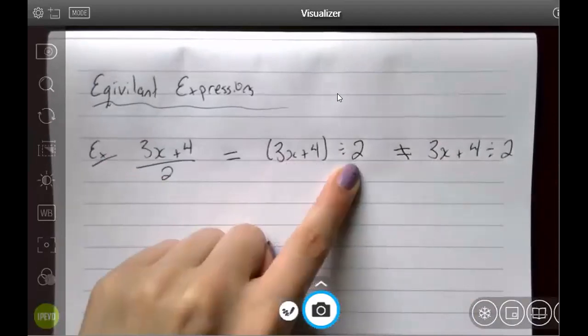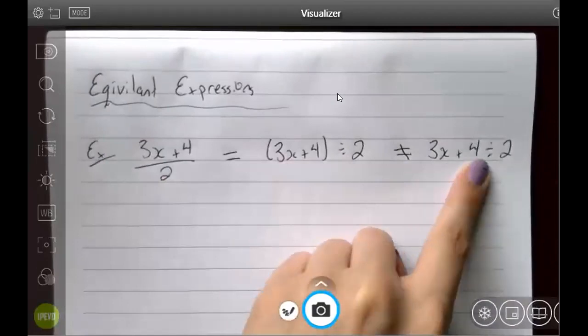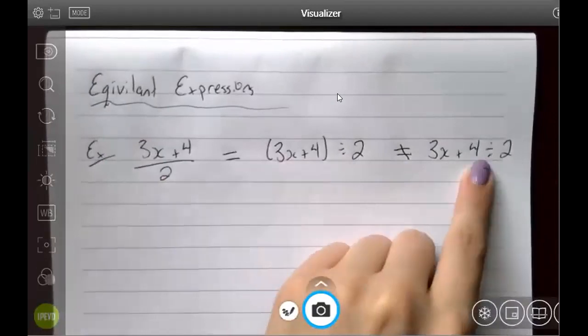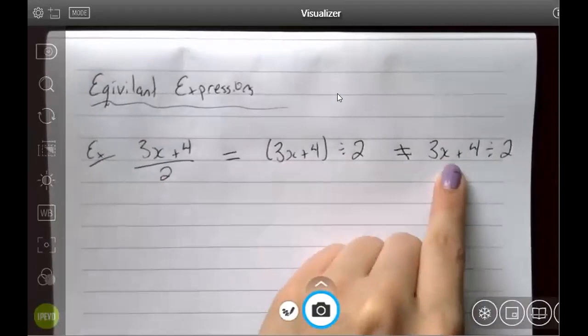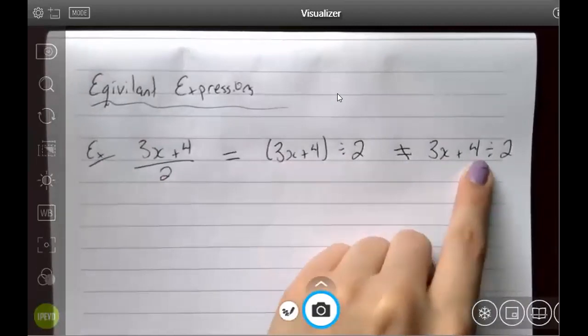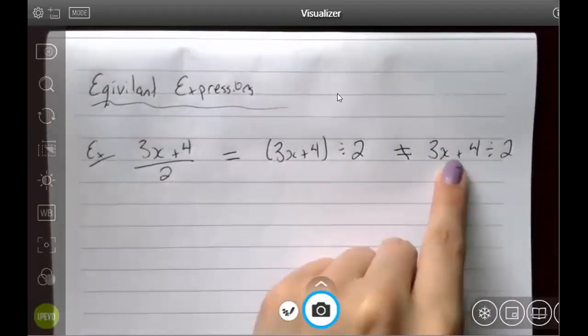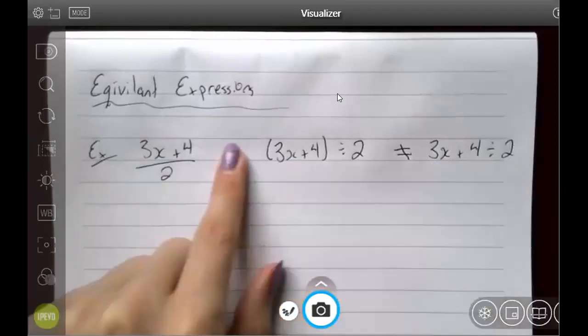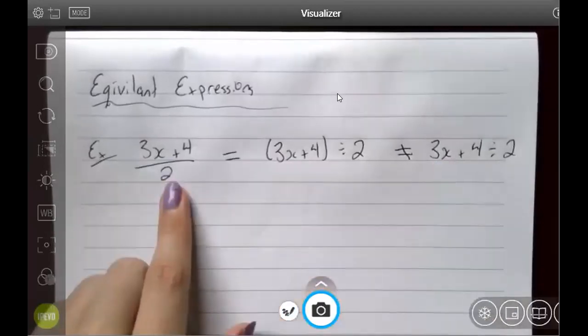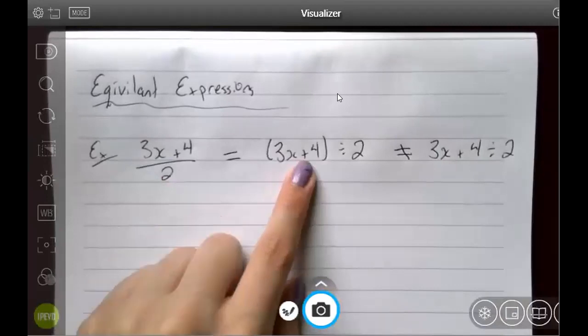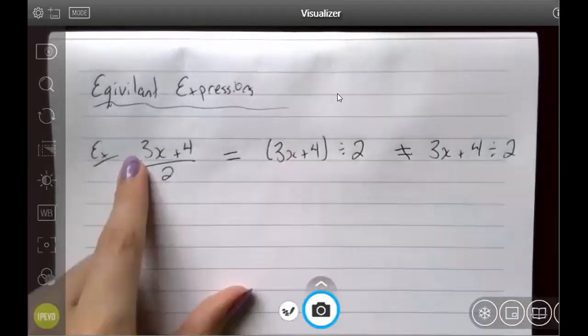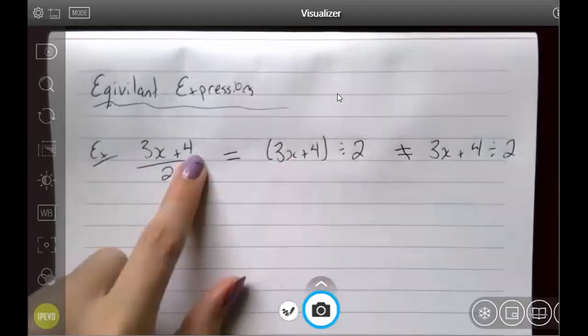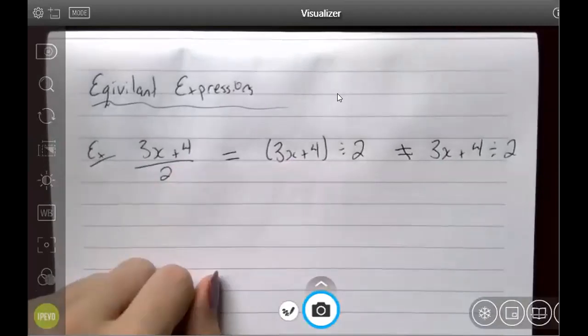But if we were to look at this last expression over here, well, division comes before addition. So we would actually do the 4 divided by 2 and then add the 3x. We would be doing it in the wrong order compared to the original expression. So you have to put these brackets here around whatever is on the top of the fraction in order to show that we would do that first before we divide.